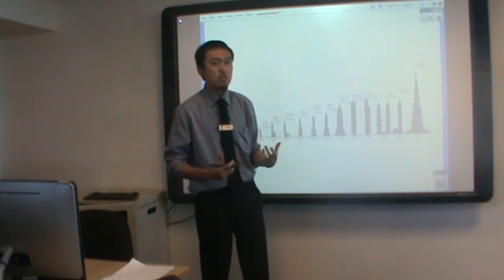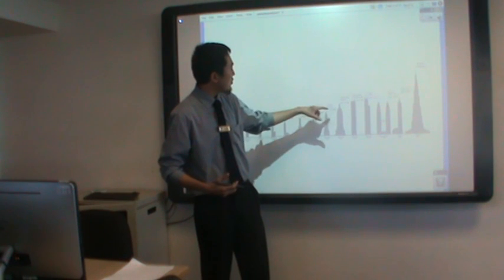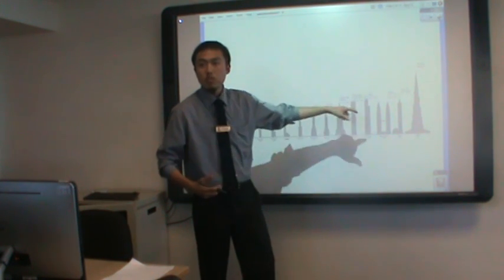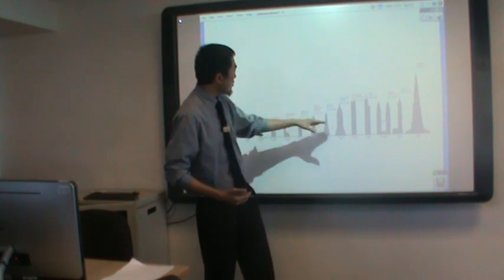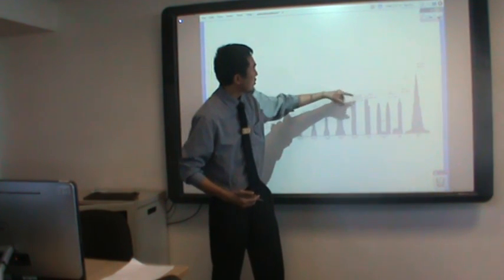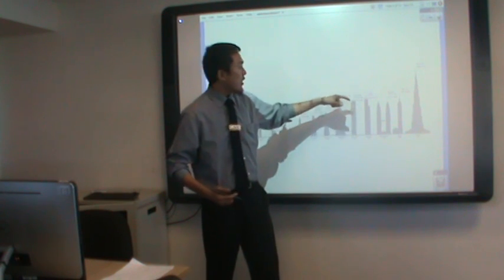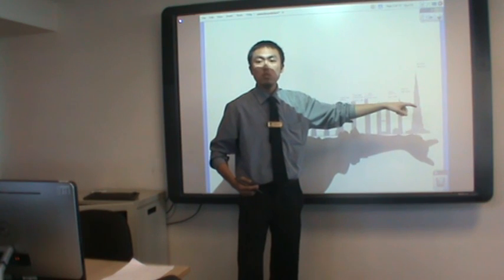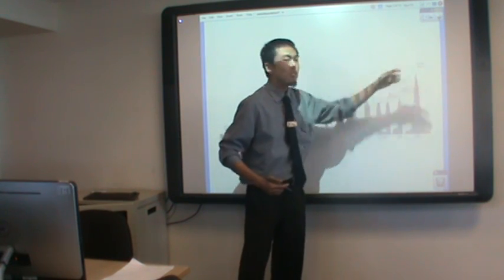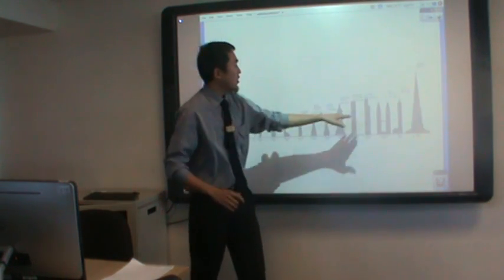And the tallest structures in the world weren't actually buildings anymore. They were TV antennas. So at a certain point around here, the tallest structures weren't buildings, they were antennas. And then the Sultan of Dubai said, I'm going to build a building which is taller than the world's tallest antenna. So that's why it just went up. That's where the anomaly comes in.